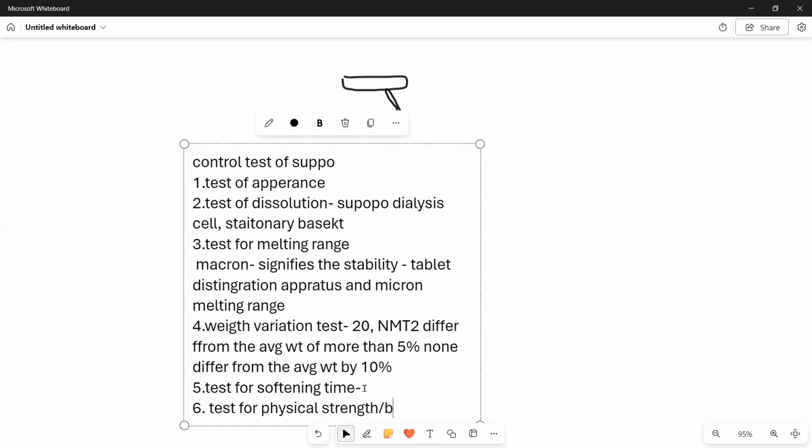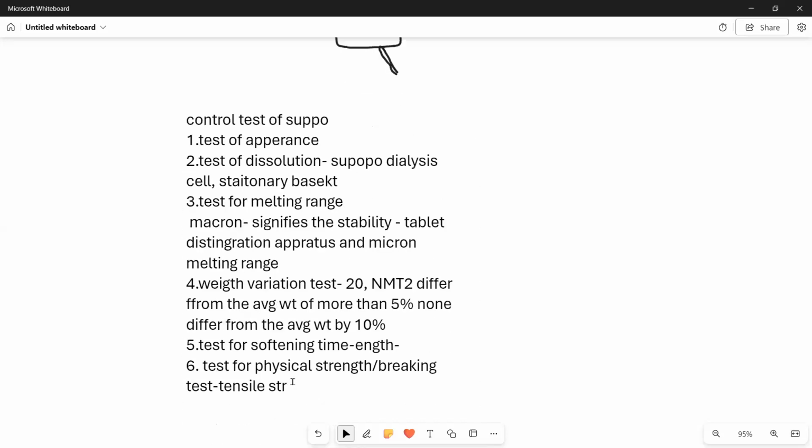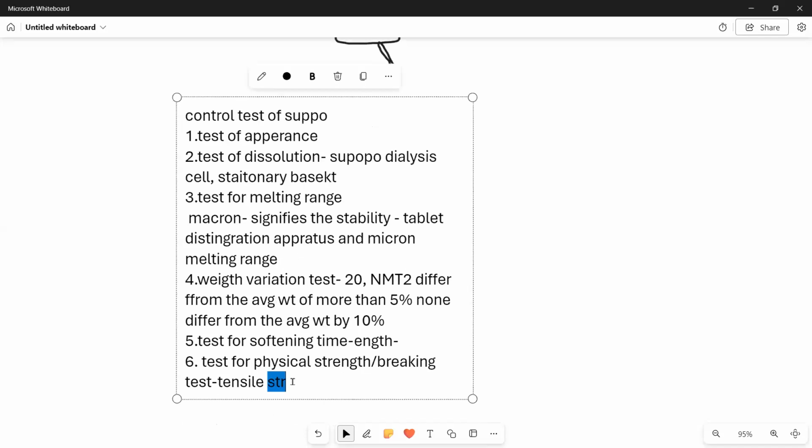According to this test, we measure the tensile strength of our suppository base by using the breaking strength apparatus.